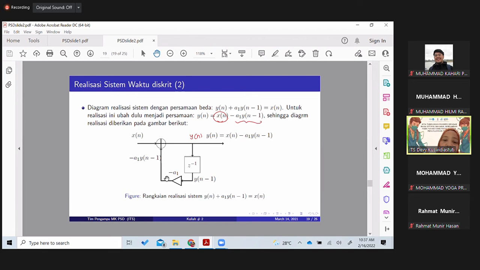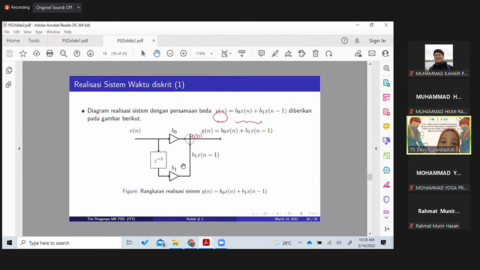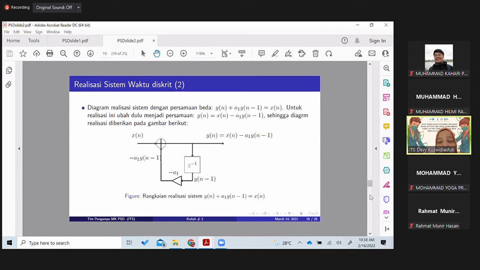It is to show that this is the feedback of the output, and that this is the function which depends on the input. You can see the difference.